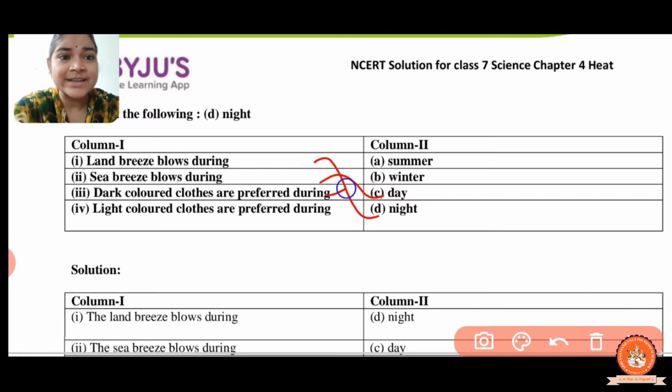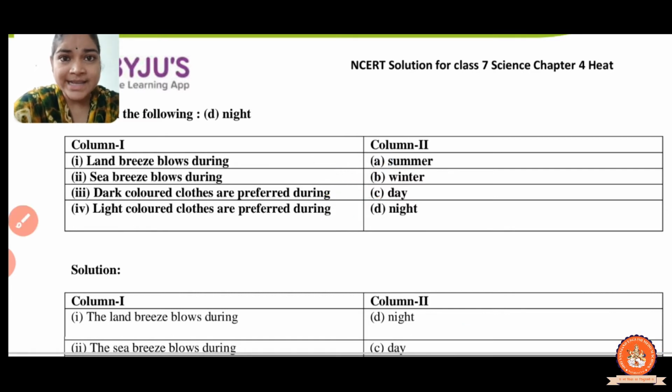Here again, dark color clothes are preferred during which season? It is winter, because dark color absorbs more heat and is suitable for winter, right? And light color clothes are preferred during summer, because they absorb less heat as compared to dark color clothes.